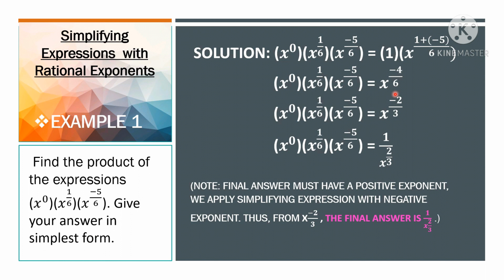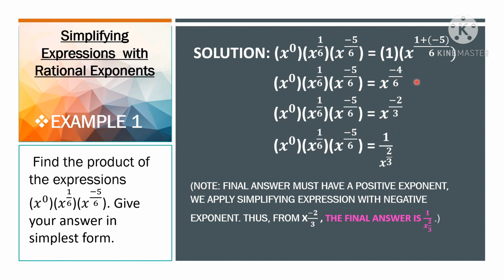Si negative 4 over 6 po, ay pwede pa po natin yung i-reduce sa lowest term. So, paano po ang gagawin natin dyan? Hanapin po ang greatest common factor or yung GCF na tinatawag. So, ang GCF po ni negative 4 and 6 ay positive 2.